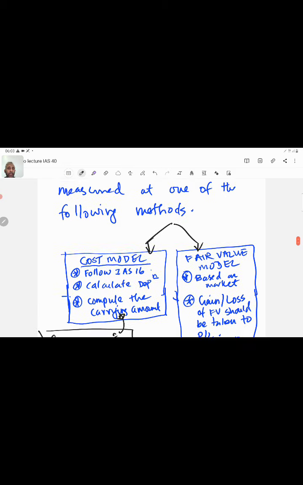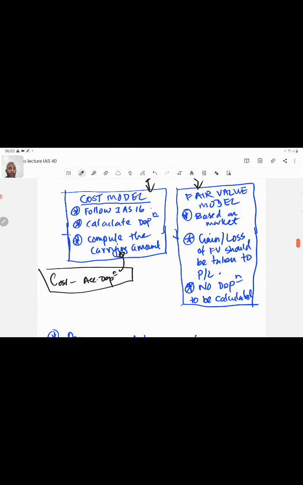On the other hand, you can also use the fair value model based on the market. You have to arrive at the prices from the market, and the gain or loss of fair value should be taken to the profit and loss account.